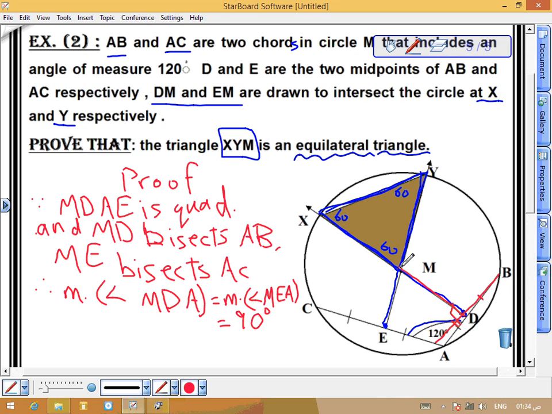Also we have here ME bisects the chord AC, so it will be perpendicular to it.